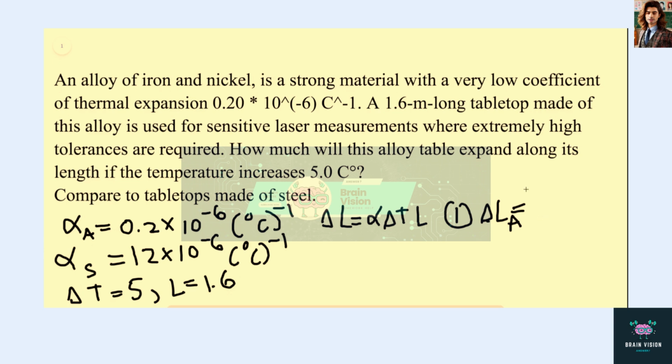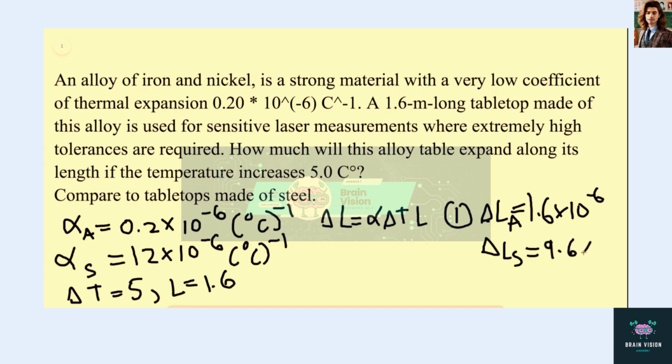So substituting and putting that into an online calculator, so 1.6 times 10 to the minus 6, and delta L S for steel is substituting the 3 values into an online calculator. We get that the change in length of steel is 9.6 times 10 to the minus 5.